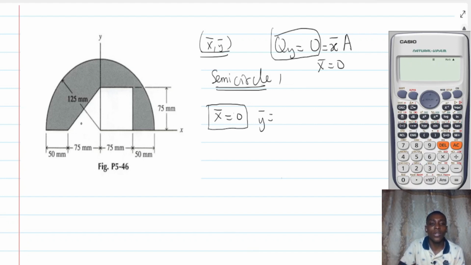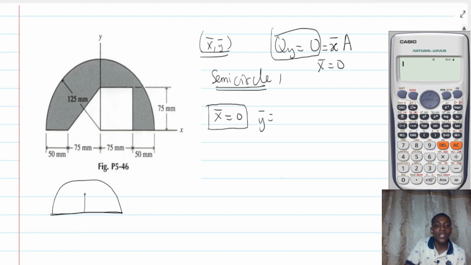Interestingly, there is a certain formula which states that whenever I have a semicircle, then the centroid of the semicircle, let's say I have a semicircle over here, is located at a distance from the base which is given by 4 multiplied by the radius over 3 pi, 4r over 3 pi.